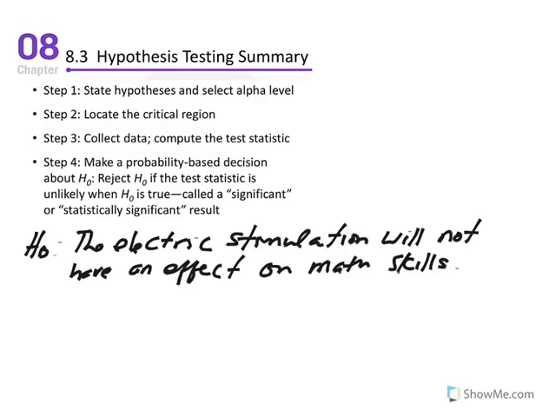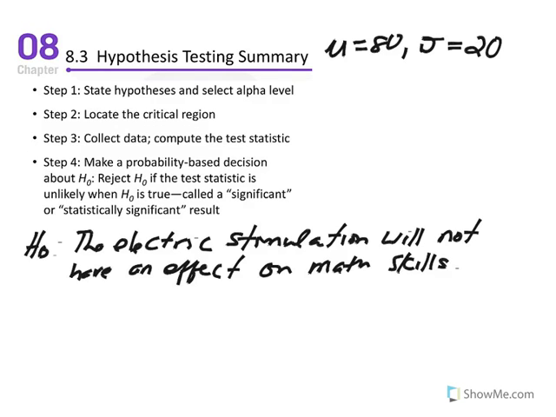And in this particular example, we were told that the average standardized test score was equal to 80. So that was a given. And we were also told that the standard deviation for that population, the standardized test, was equal to 20. So those are givens.